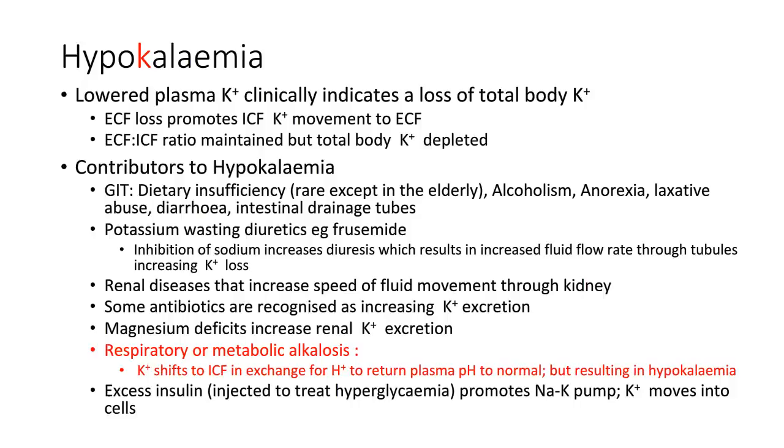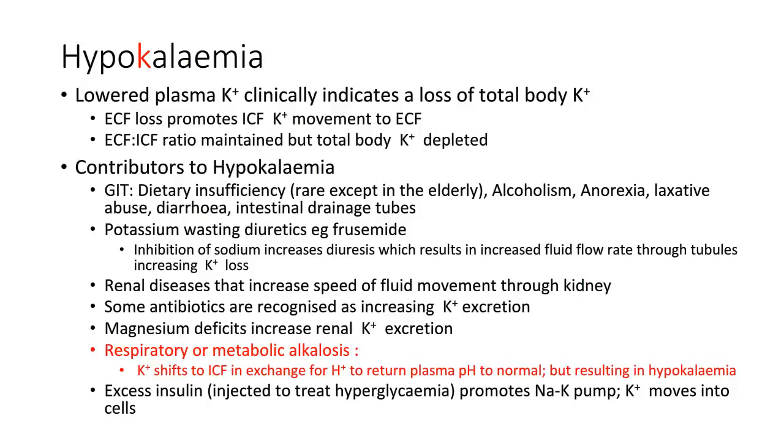Renal diseases that increase the speed of fluid through the kidney, so things like diabetes insipidus, where we're not concentrating urine and so there's a higher fluid loss. Some of the antibiotics can in fact increase potassium excretion. Magnesium deficits have been implicated in renal potassium excretion.